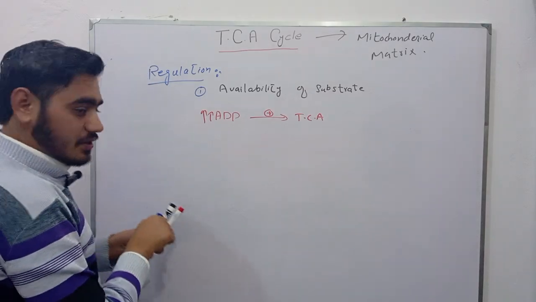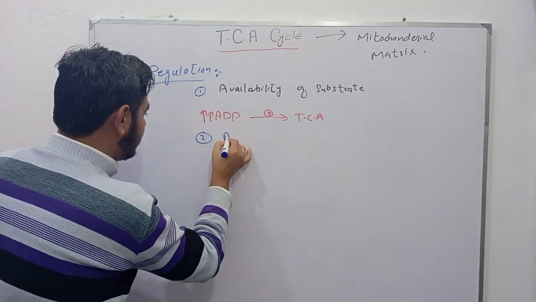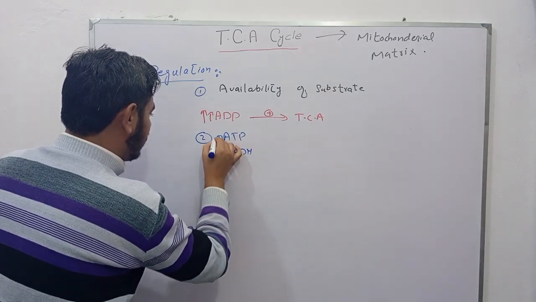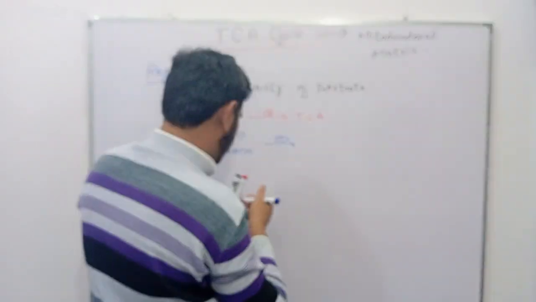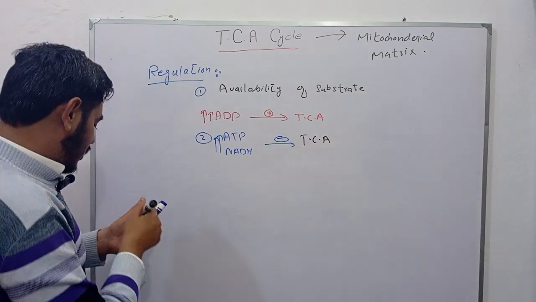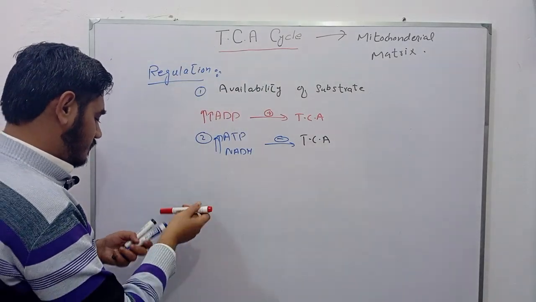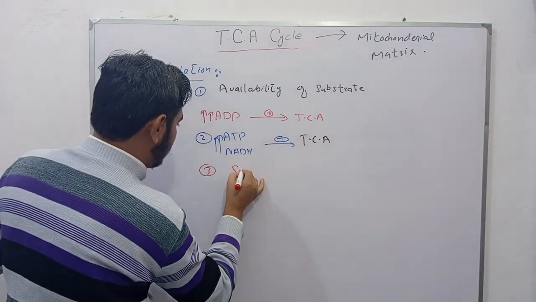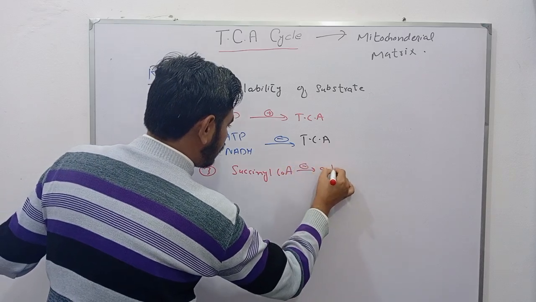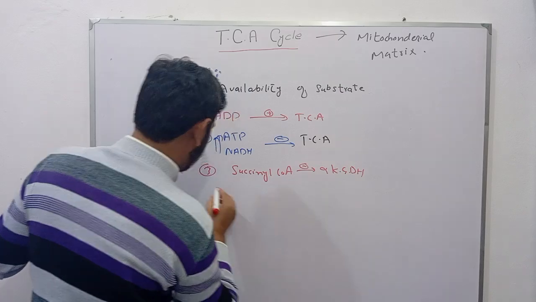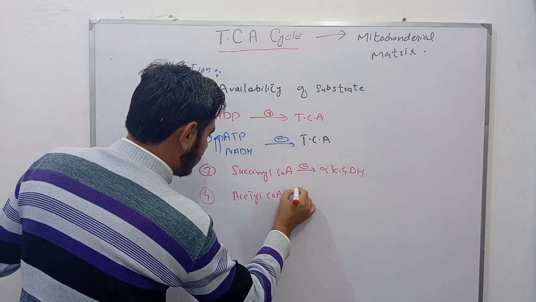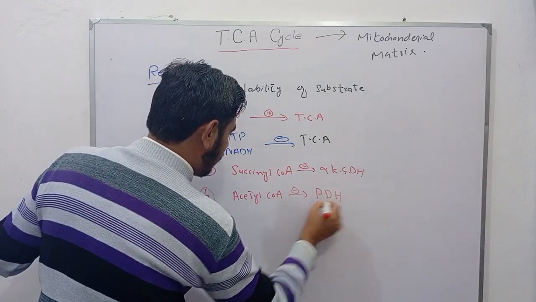And if ATP and NADH are present in higher concentration, they will inhibit the TCA cycle. The third point is succinyl CoA. It inhibits alpha-ketoglutarate dehydrogenase enzyme. The fourth point is acetyl CoA. It inhibits pyruvate dehydrogenase complex.